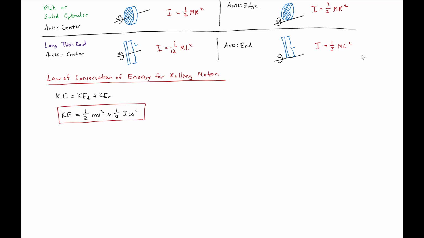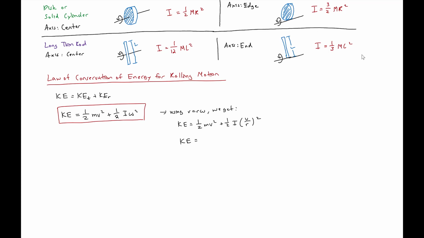If we do not have angular velocity handy to plug into this equation, we can also redefine omega using v equals R omega to get KE is equal to 1/2 mv squared plus 1/2 I (v over r) squared.